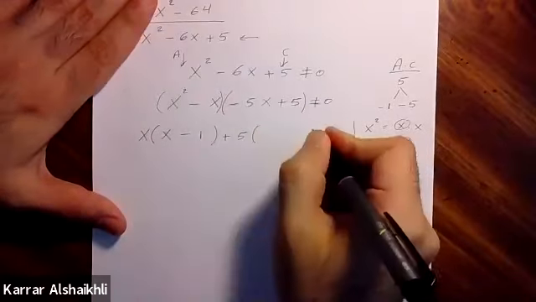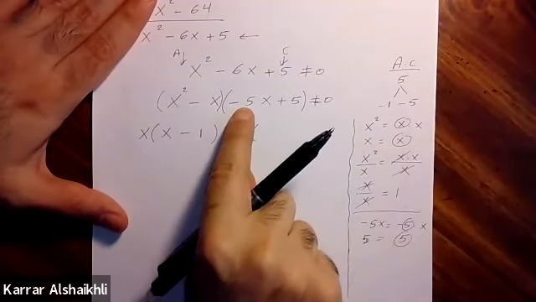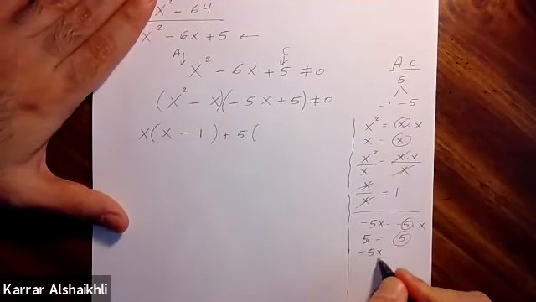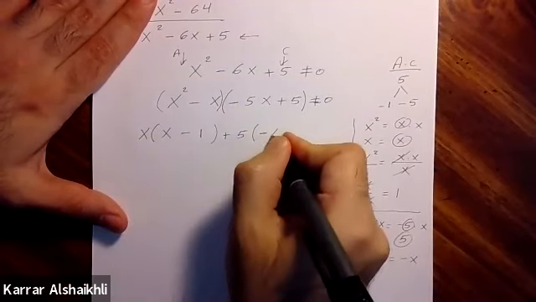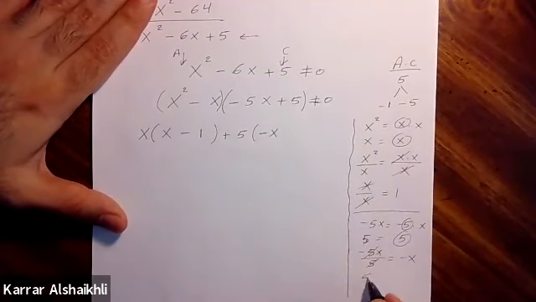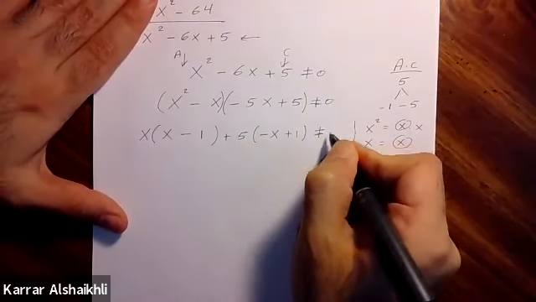Open parentheses. Now we're going to divide. -5x divided by 5, cancel the 5, is going to be -x. 5 divided by 5 is going to be 1, so it will be +1, not equal to 0.